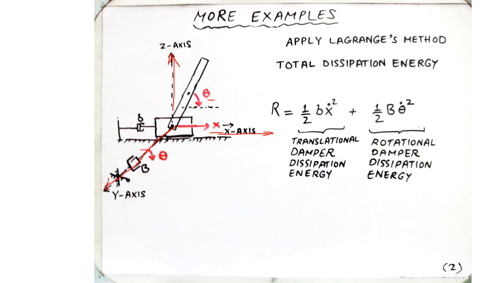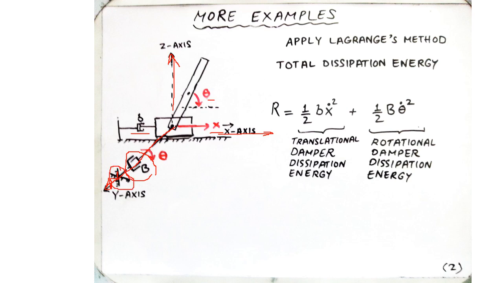For the complete description of the model, the translational damper has been included as shown here, and the rotational damper is connected between the center point of mass m1, which also refers to its center of gravity, and some point over here, which is fixed.